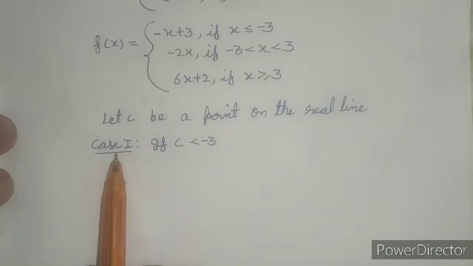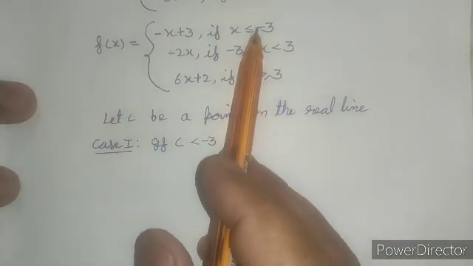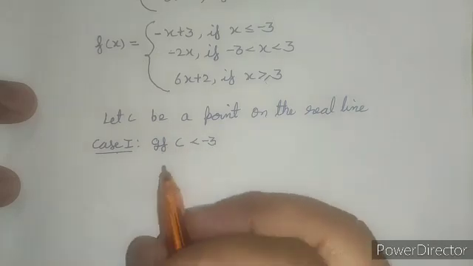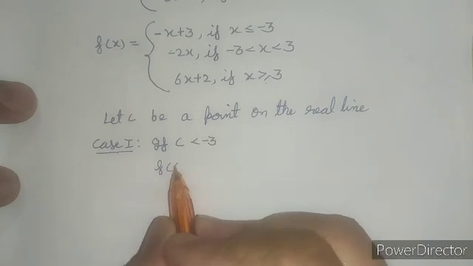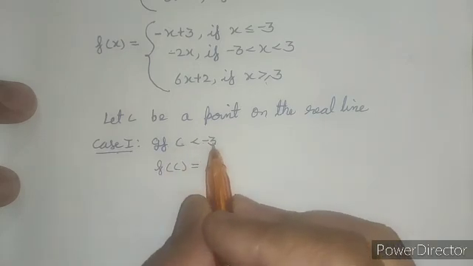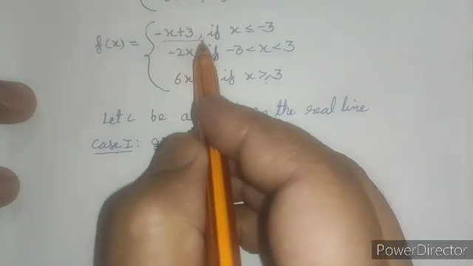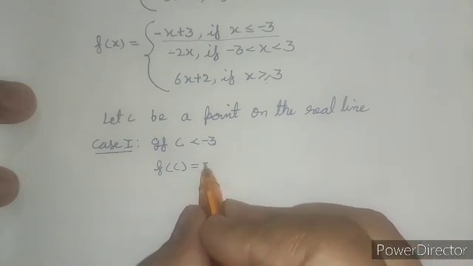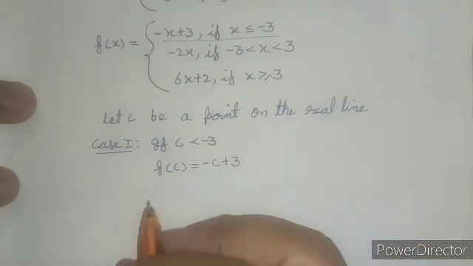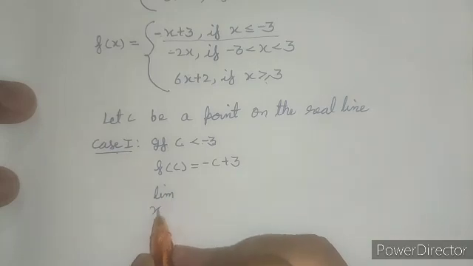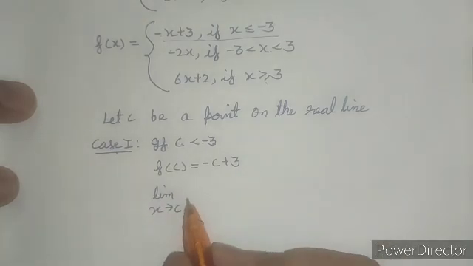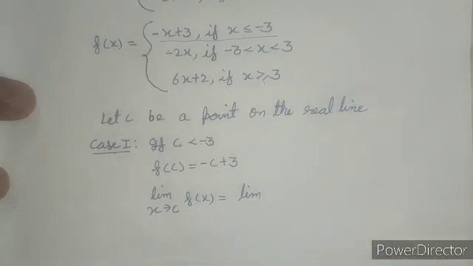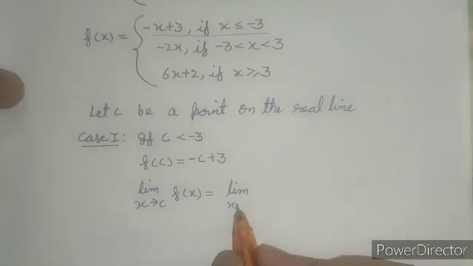Now case first. First of all, we check the continuity for the point less than minus 3. So if C is less than minus 3, then the value of the function f(c), now c is less than minus 3, for that we will take the function minus x plus 3. The value of the function will be minus c plus 3. Now limit of x tends to c, f(x) will be equal to limit x tends to c.